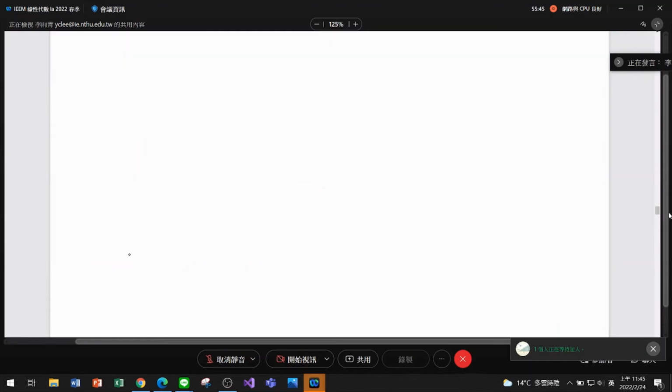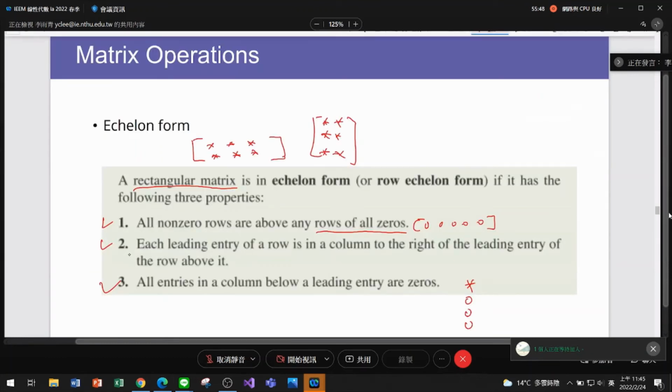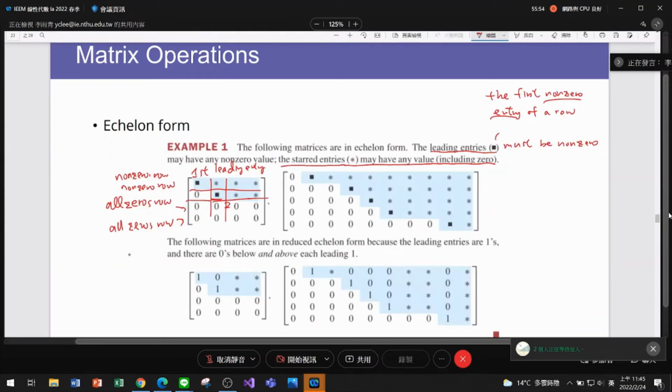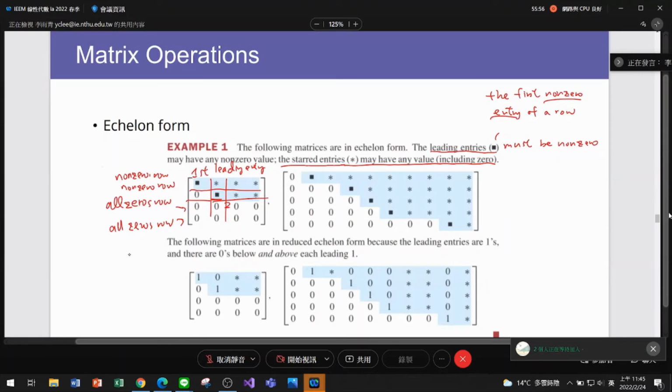And for the third property, all entries in a column below a leading entry are zeros. So we have seen that, okay, this is the first leading entry, and then everything here is 0, everything here is 0. So all three of the properties are satisfied. So this is an echelon form.